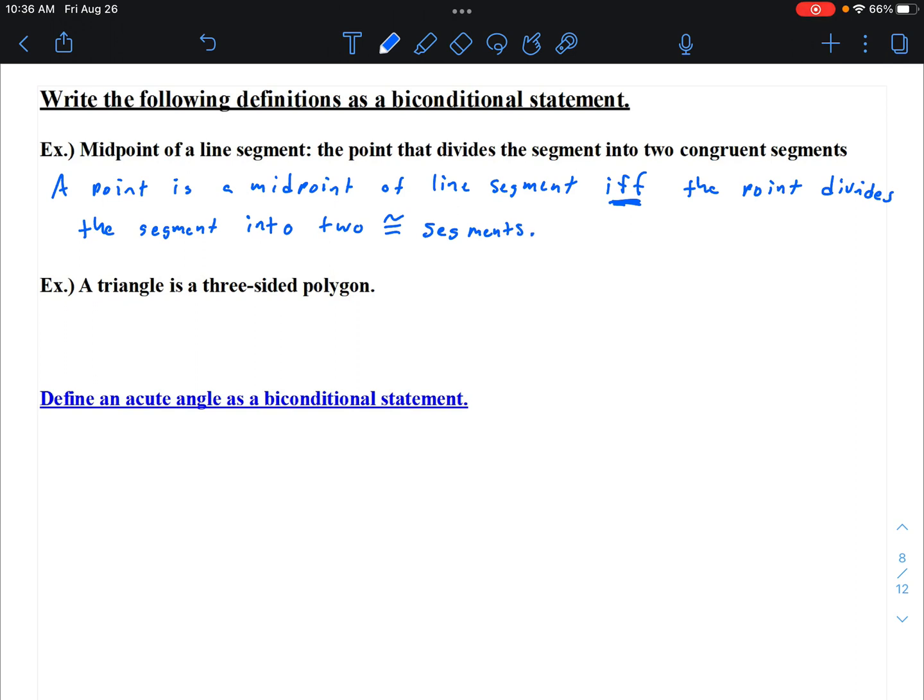That would be a good biconditional. It goes forward and backward. A point is a midpoint of a line segment if and only if the point divides the segment into two congruent segments.